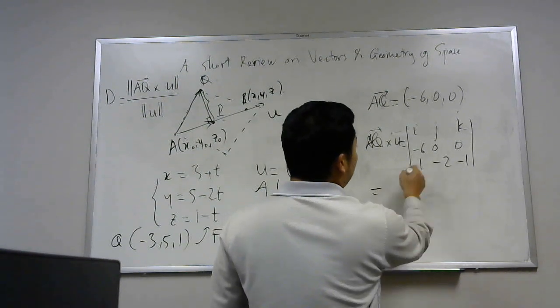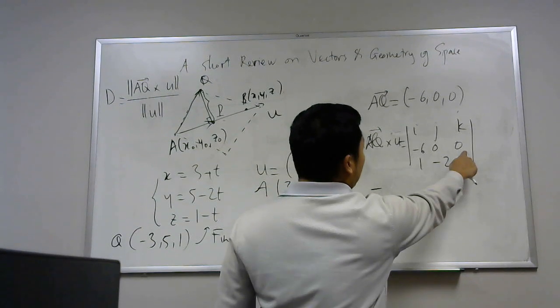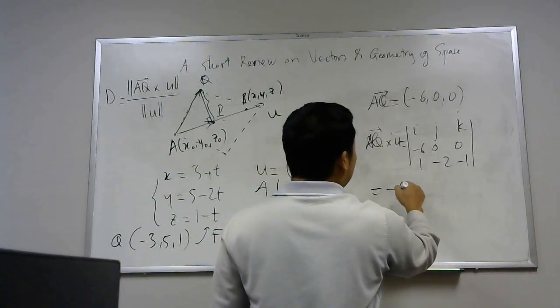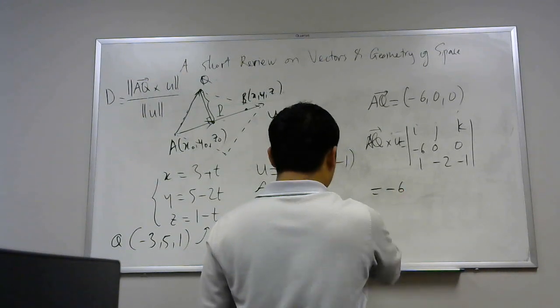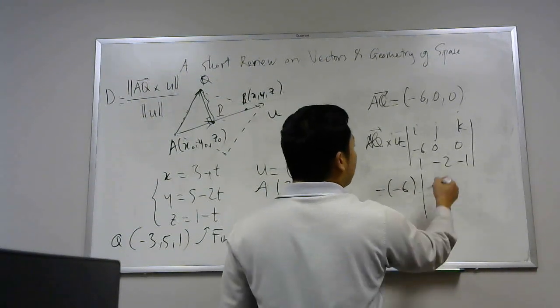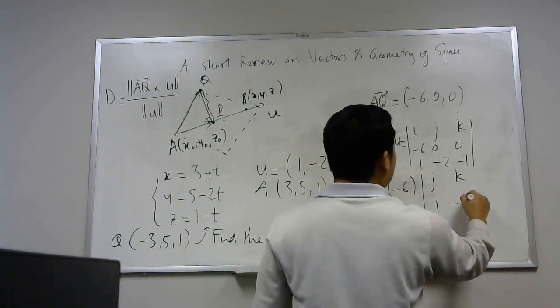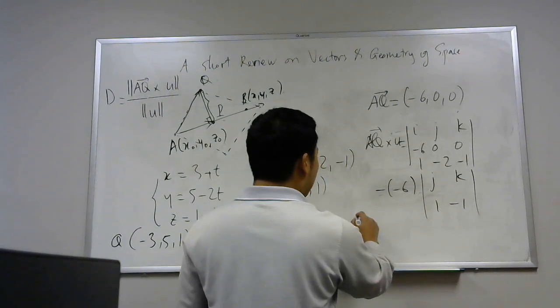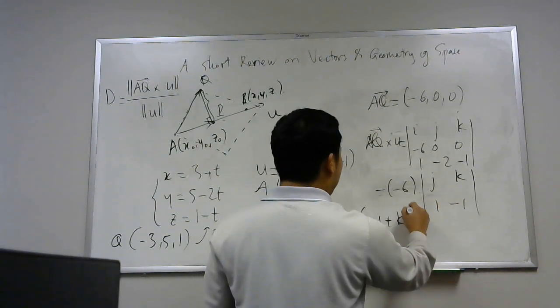Since we have two zeros in here, I can expand this determinant along this row. I get -6, but -6 has position (2,1). So here I would have minus -6 multiplied by the minor of j, k, 1, -1, and that is 6 times (minus j plus k).